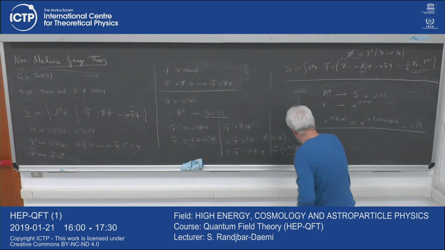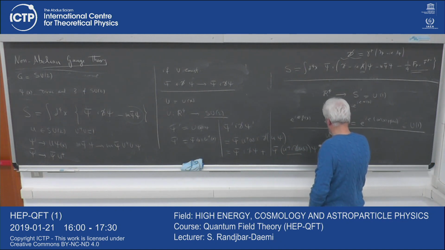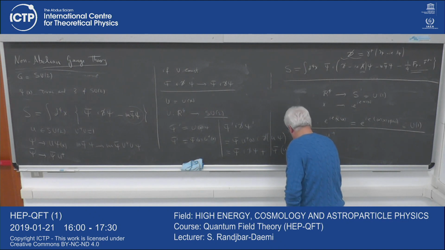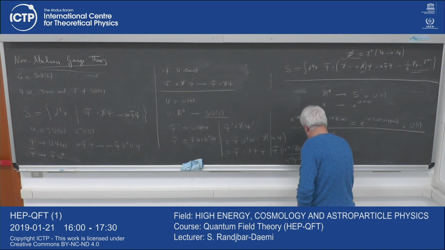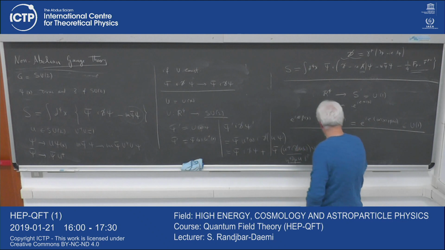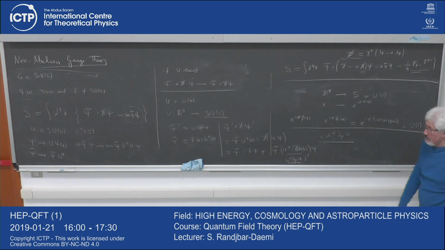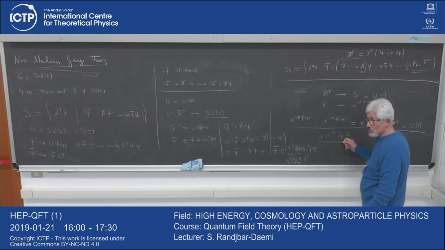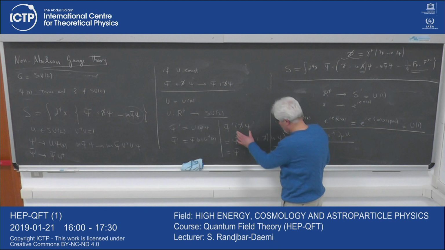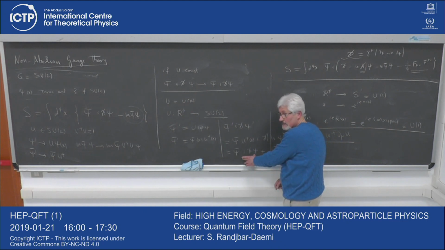This term is U dagger i d mu times gamma mu. So the part which is interesting for us is this part. Because this is non-zero for a U which is a function of x, this term will not be zero, and therefore that will not be equal to this.